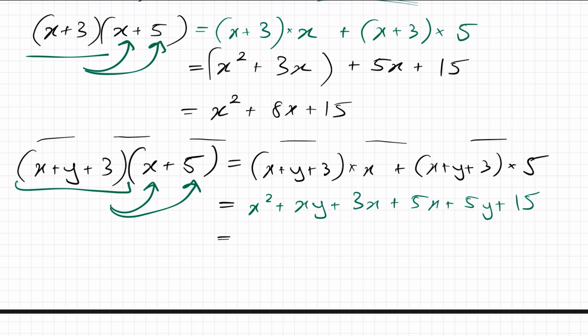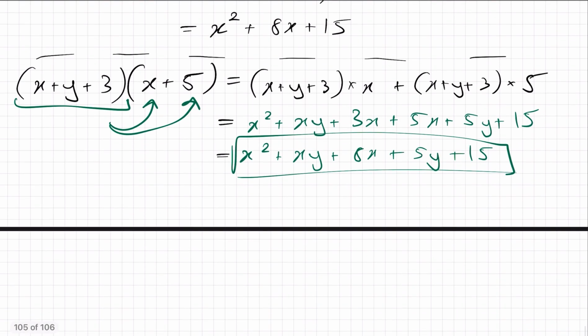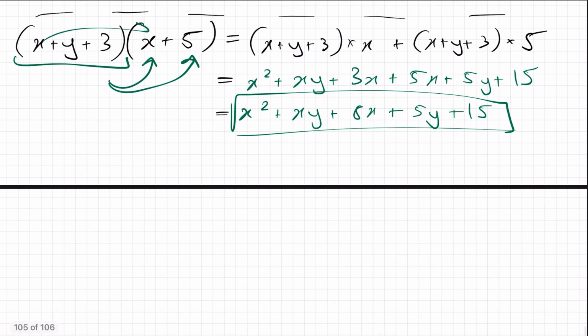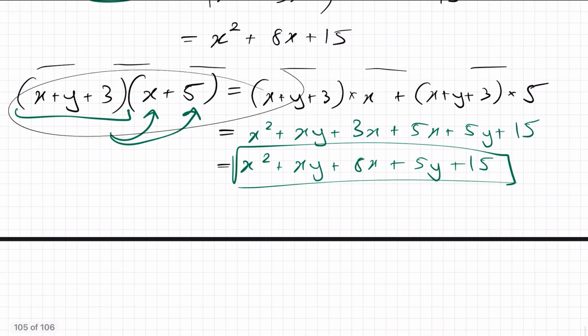So we're going to get x squared plus xy plus 8x plus 5y plus 15. And there's the answer. So some teachers might tell you to multiply every term by every other term. And that works, but it can get a bit confusing, especially when there's large brackets and multiple terms.